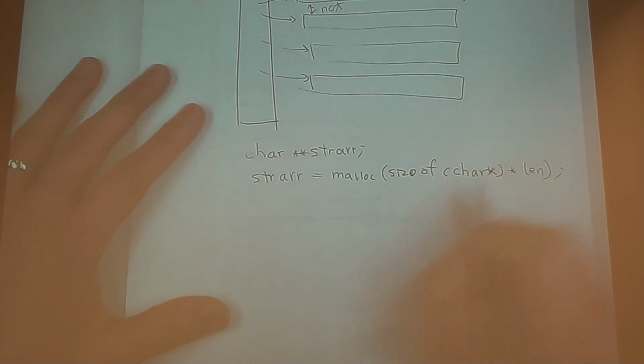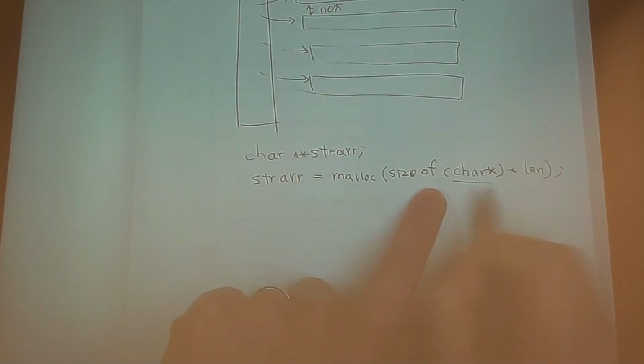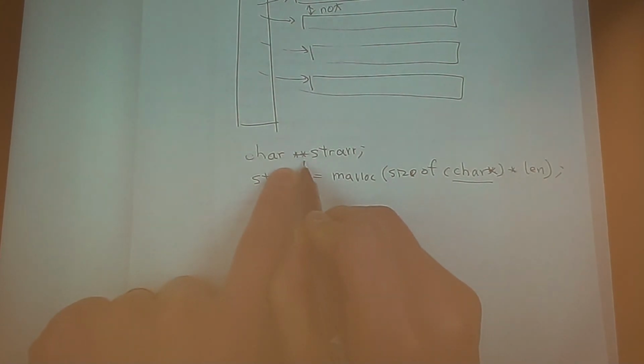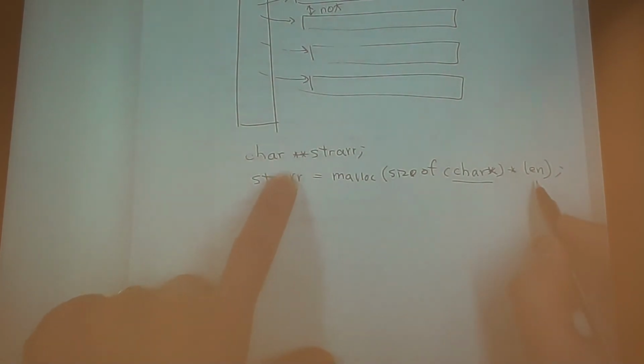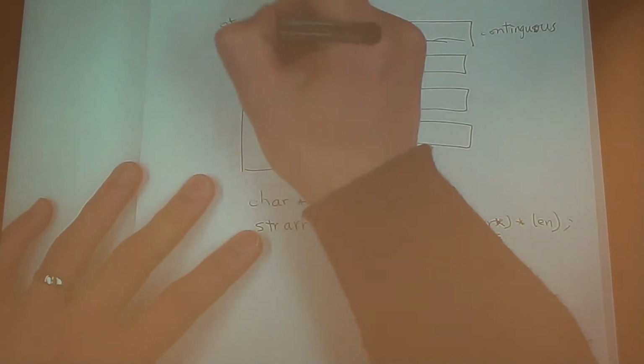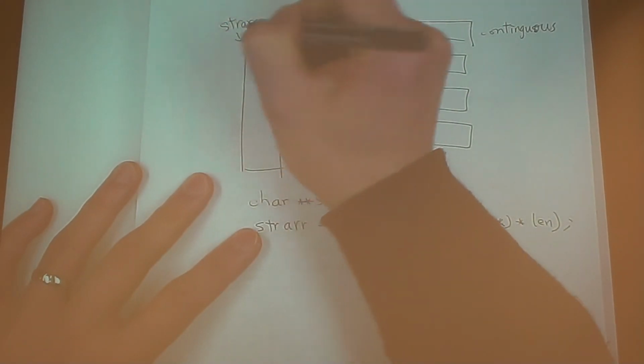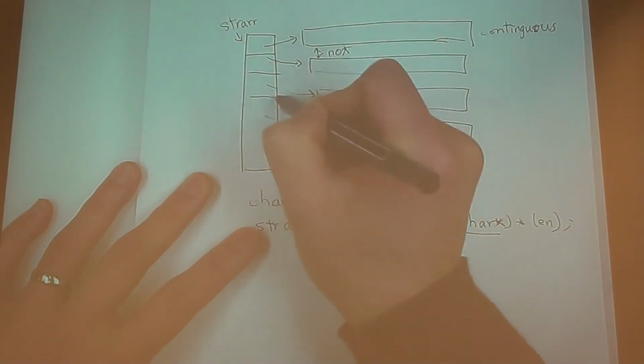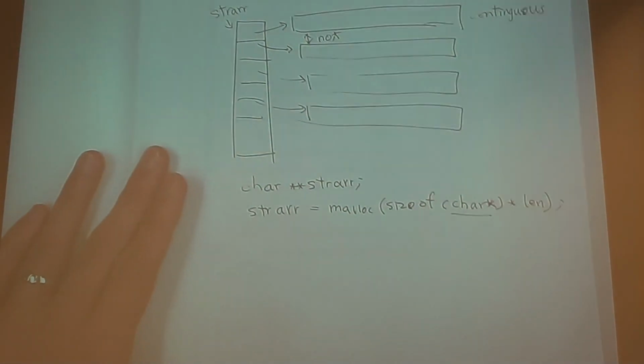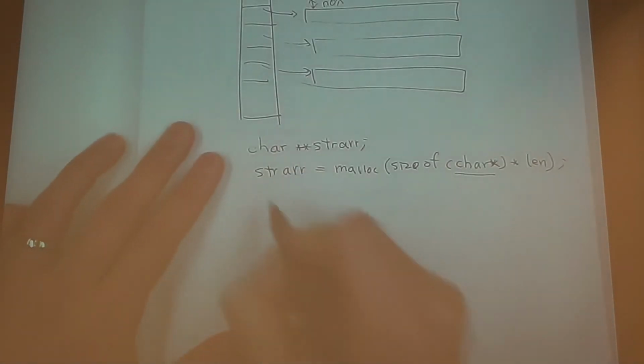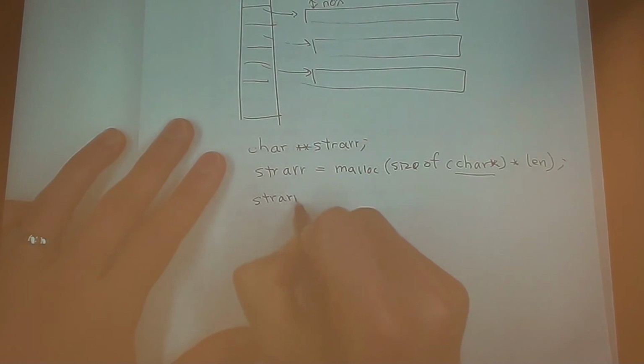Your size of here is whatever type you have, remove one star. Does that mean it's an array of pointers? Correct. So this will make str arr point to this piece of memory. And then str arr 0 needs to allocate the memory again.